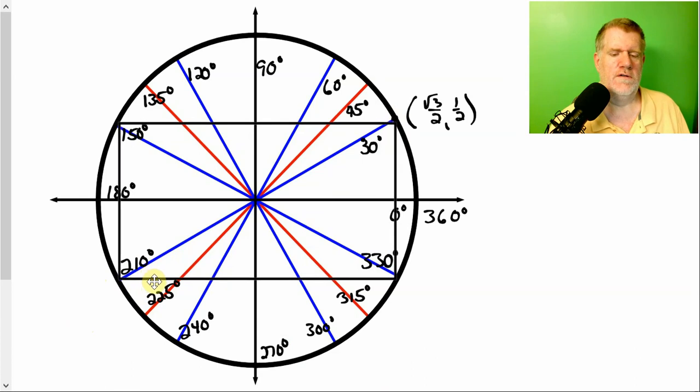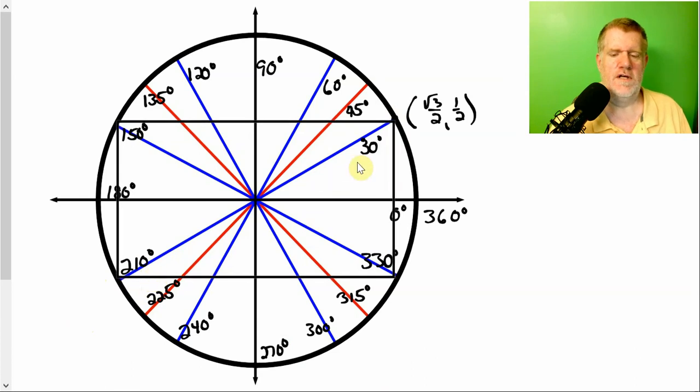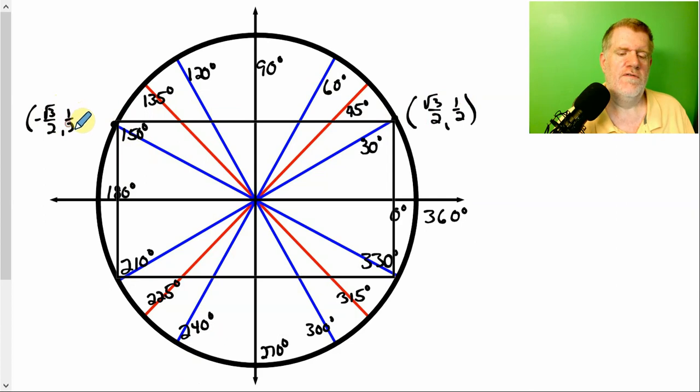What four angles are hit by these rectangles? 30, 150, 210, 330. Why is that important? What does it help us do? Okay. With these rectangles, we know it's a vertical distance and a horizontal distance. So we have horizontal distance, vertical distance. That means we know this point. Because if this is square root of 3 over 2, 1/2, this is negative square root of 3 over 2, 1/2.